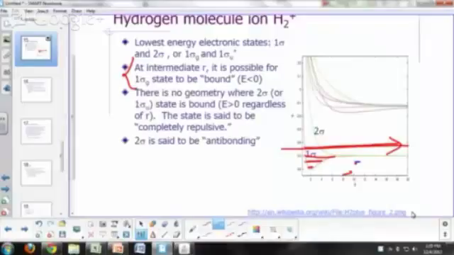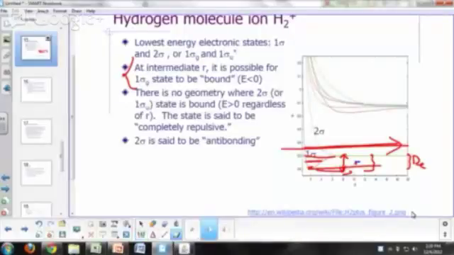Okay? So that's why we say this is the minimum energy here between this limit at R infinity and at the minimum, that's your dissociation energy. That's the minimum relative energy that the two nuclei need to have in order to be able to separate from each other.